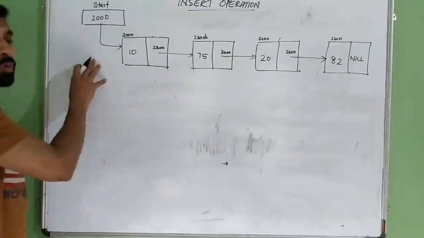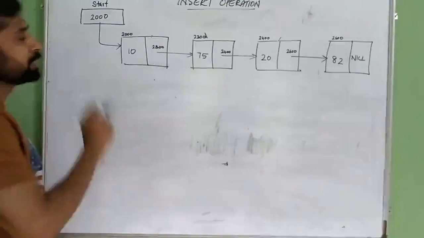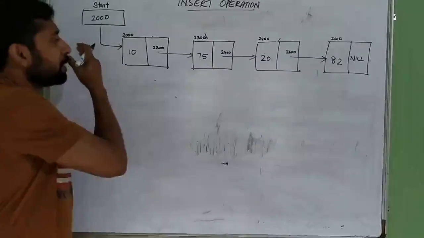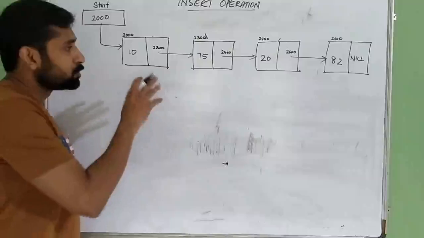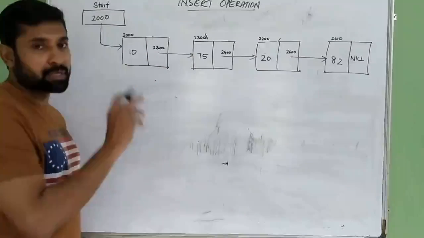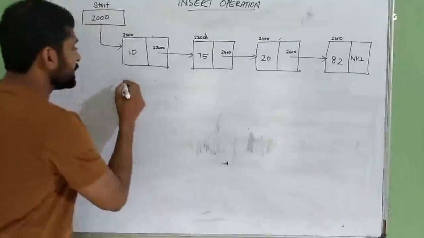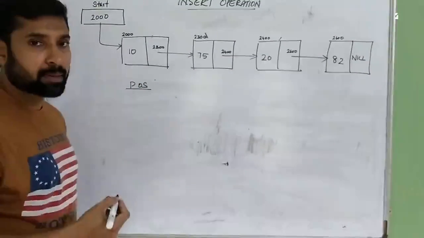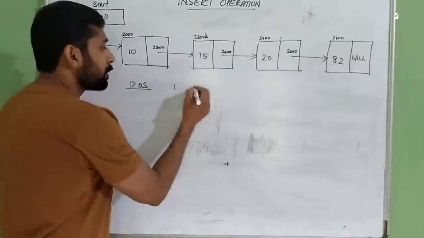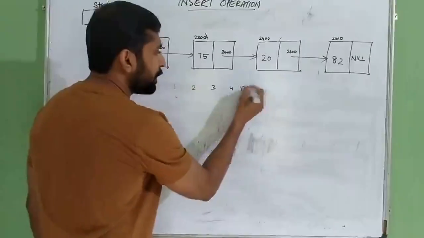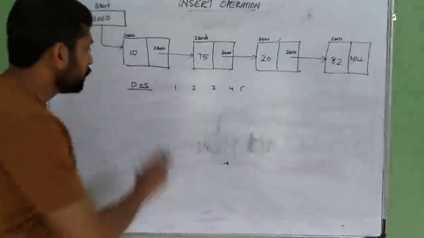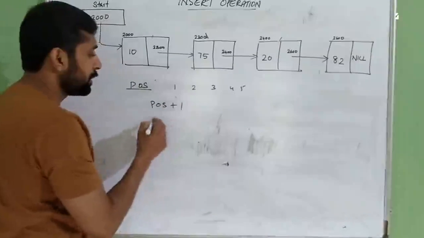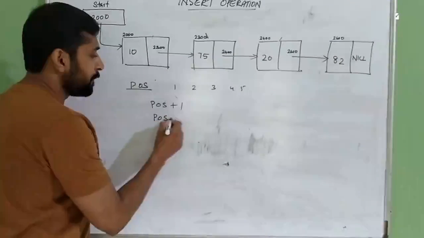Usually we will traverse through the linked list to reach the particular position. Suppose we want to insert at the position named POS. So it may be 1 or 2, 3, 4, 5, etc. We have to find out the nodes at POS plus 1 and POS minus 1.